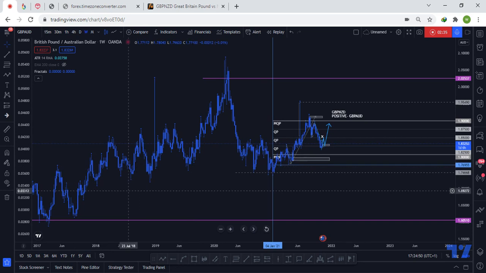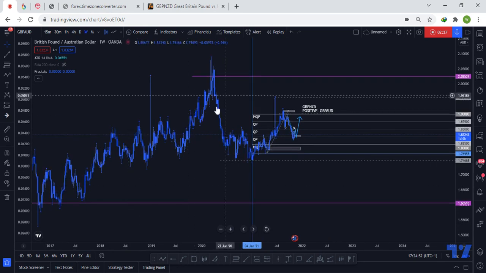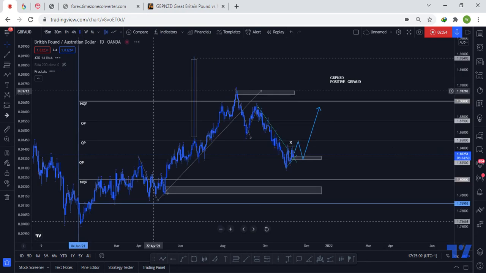If I'm correct, this is something I love, this rejection. On other brokers it might not be obvious, but it's actually here on Oanda, so I prefer using Oanda. Now I'm going to the daily time frame just to look at everything.